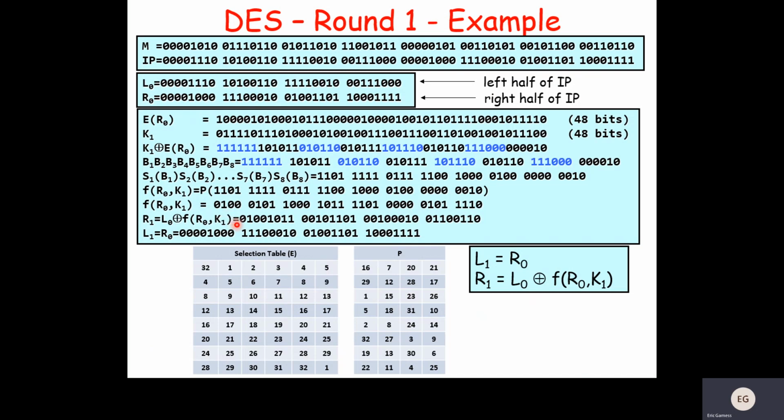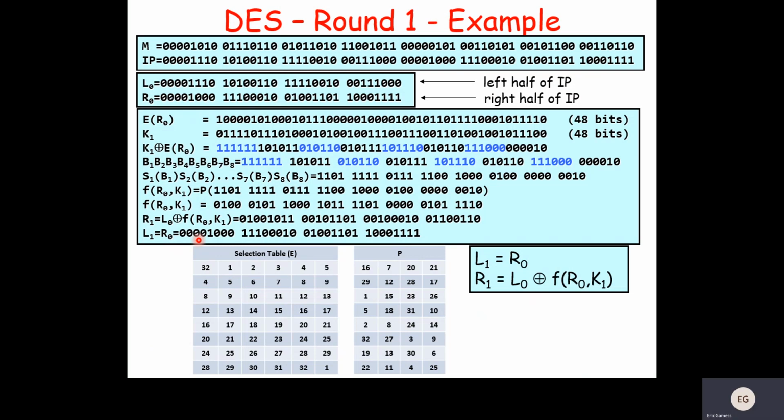So that will be the 32 rightmost bits of the output, and this will be the 32 leftmost bits of the output. And this output is going to enter the next iteration.